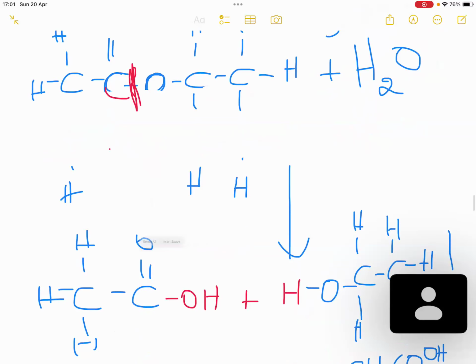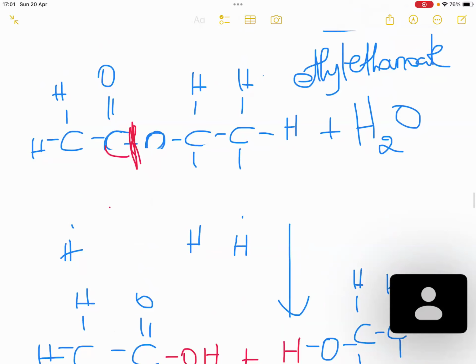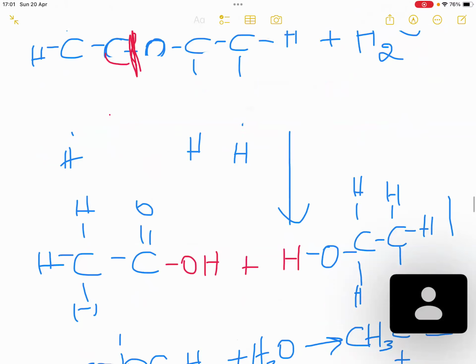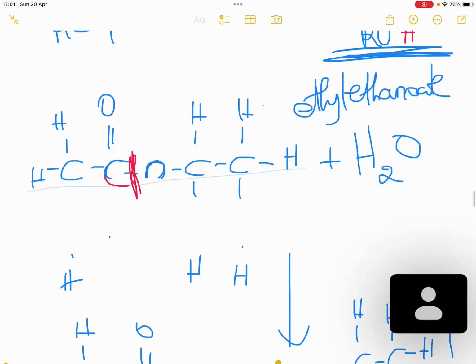So notice I split the molecule right there, and I added back OH there. This part with just the O came from the alcohol. So when I split the molecule here, I am adding back H to the alcohol part. So that is acid hydrolysis.